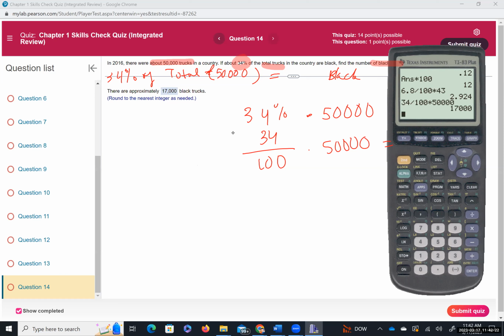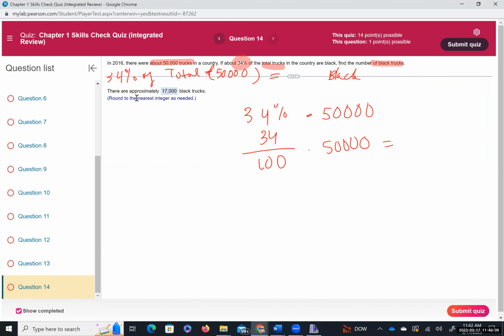Great. If you don't get a good number there, they say to round to the nearest integer as needed. So let's say you have 17,000.1, you still have to round it to the integer, which is 17,000.